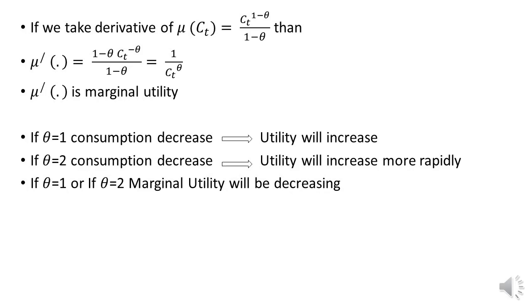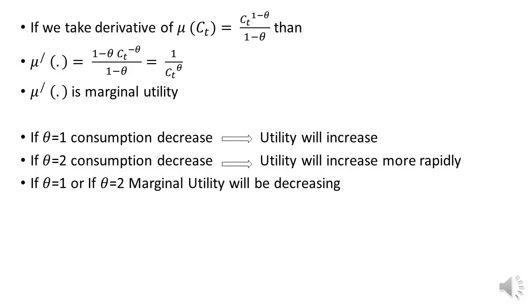We can guess that the relationship between consumption and utility will be negative. So the change in utility due to change in consumption has a negative relationship. If we change the value of theta from 1 to 2, we will see that the relationship is still negative, but the effect is more rapid or sharp.